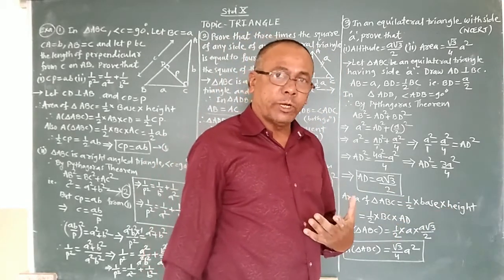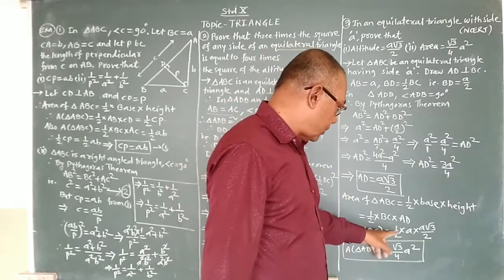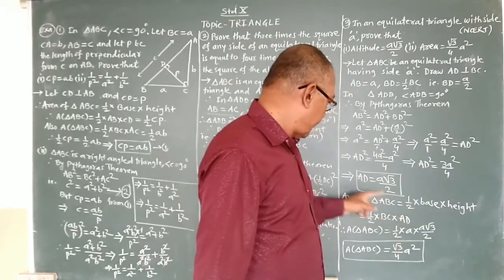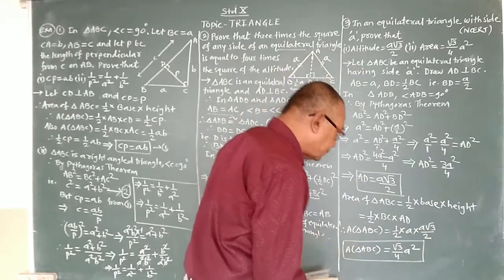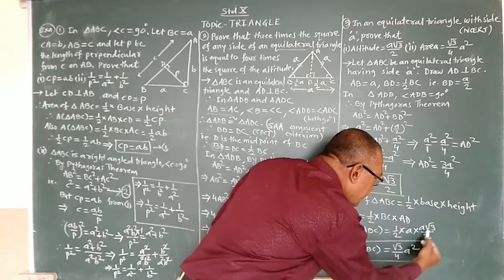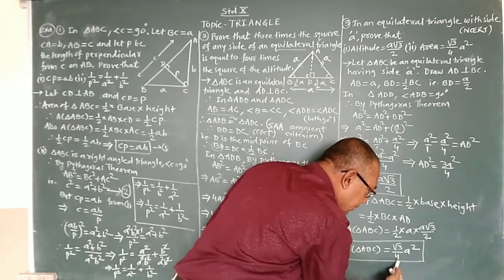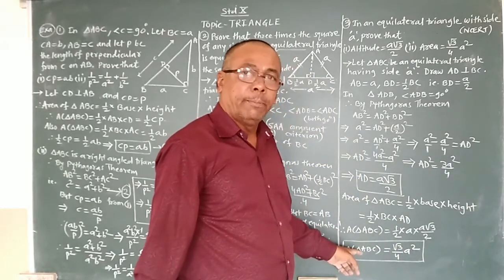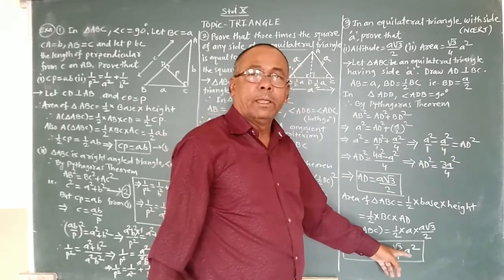Substituting the corresponding values, area of triangle ABC is equal to 1/2 into BC is A into AD is A root 3 upon 2. Here A into A we get A square, root 3 into 1 is root 3 and 2 into 2 is 4. In this way area of triangle ABC is equal to root 3 upon 4 A square.